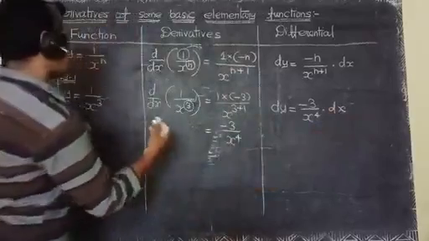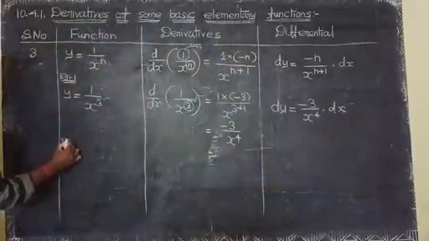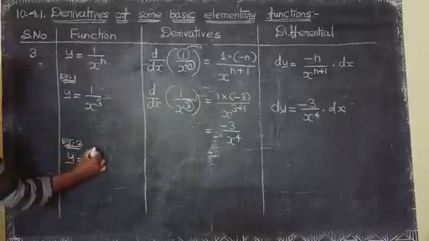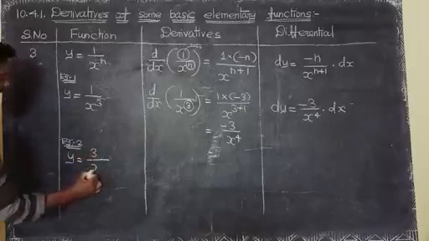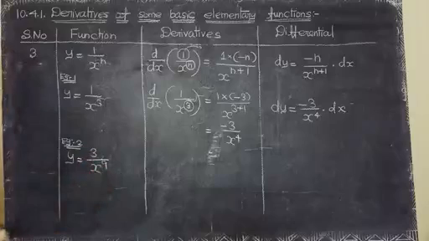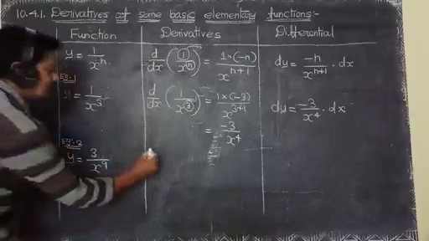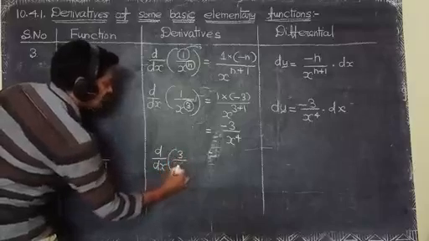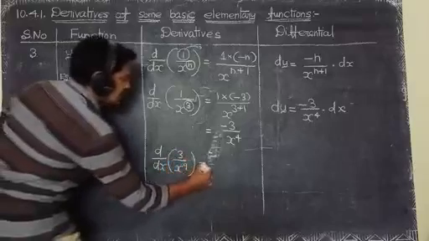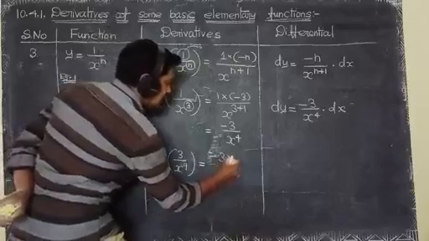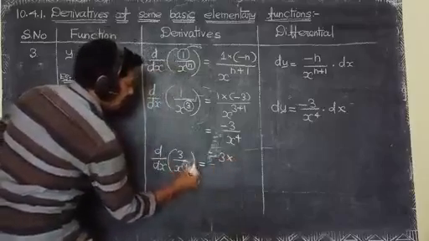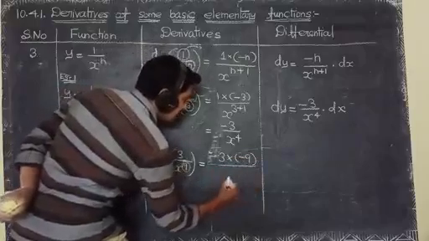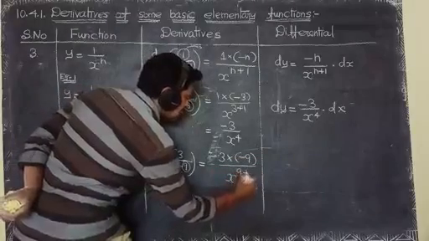Another example, example 2: y equal to 3 divided by x power 9. d by dx of 3 divided by x power 9 is equal to 3 into, n is 9, the formula is minus n, that is minus 9 divided by x power 9 plus 1.